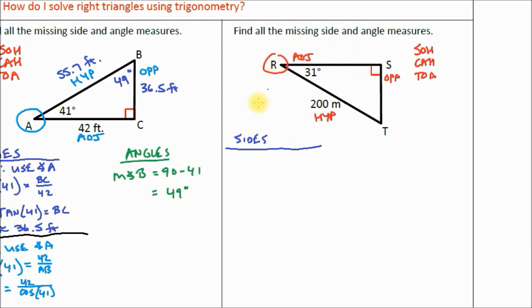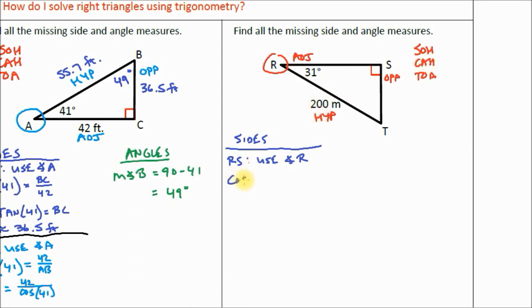So sides. I'm going to try for RS first. Okay, we're going to use, of course, angle R, our known angle. Using angle R, RS is adjacent. We want adjacent, and we know hypotenuse. Adjacent and hypotenuse is cosine.